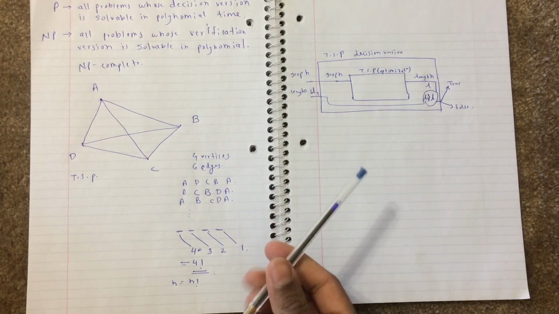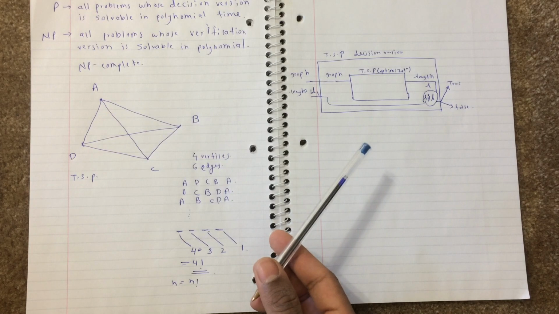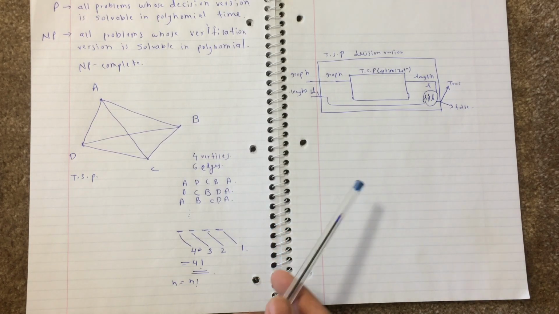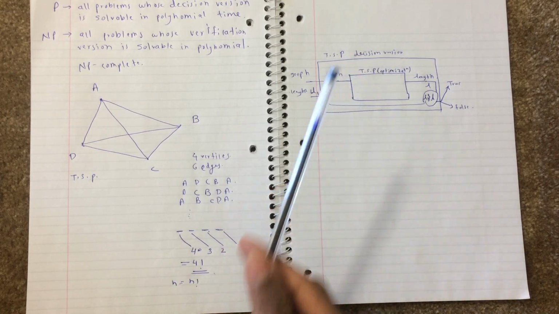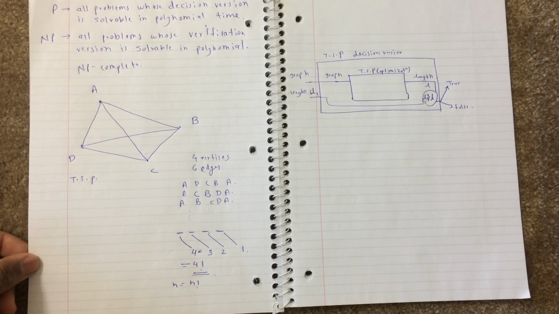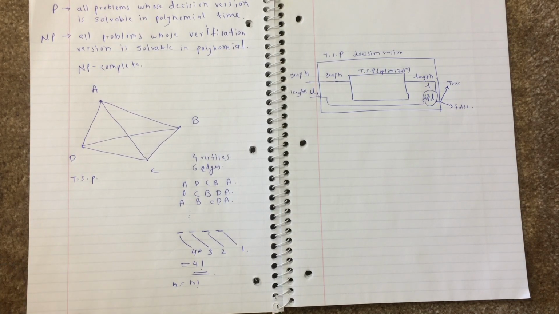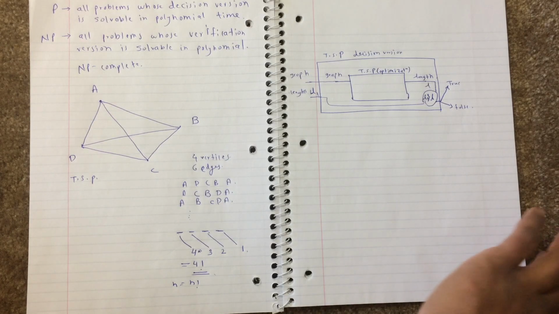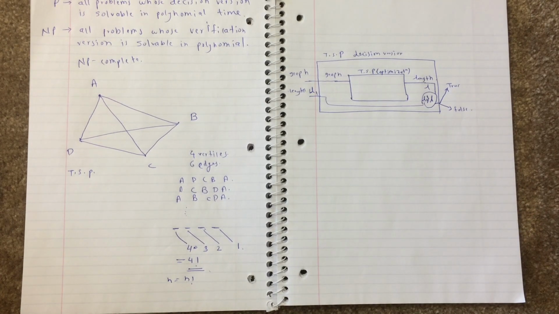So this is how we convert the problem into various categories like optimization and decision. And another version is the verification version. Now consider that you are given a graph, you are given the edges, and you are also given one candidate path, and you have to check if the path is in fact indeed the shortest path of the traveling salesman problem.